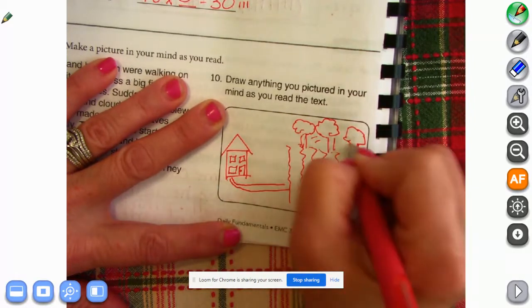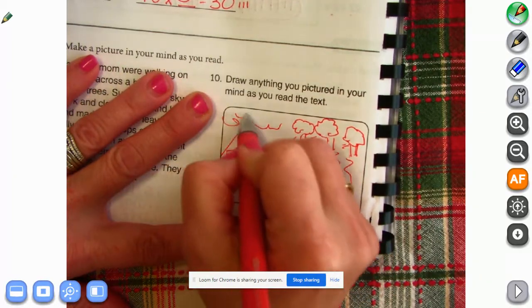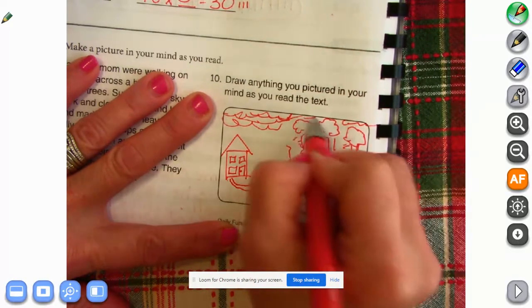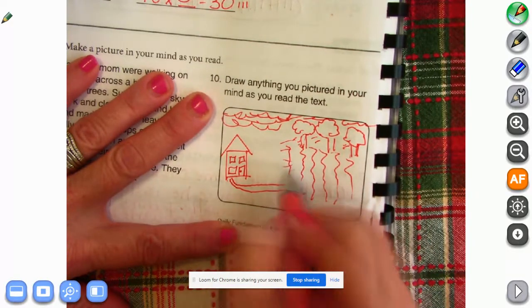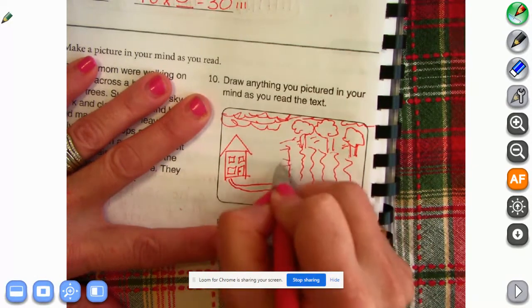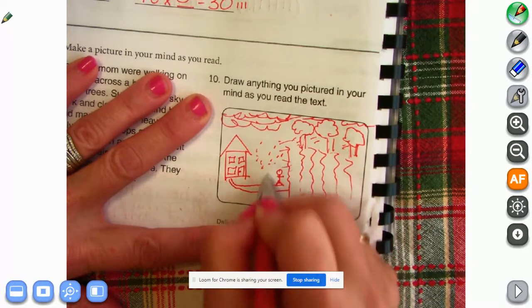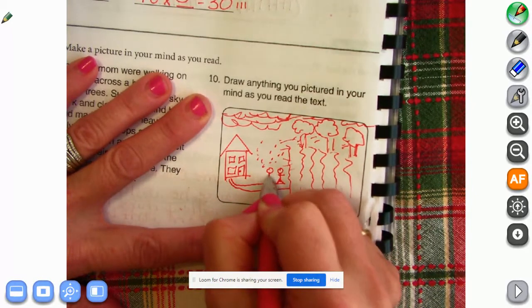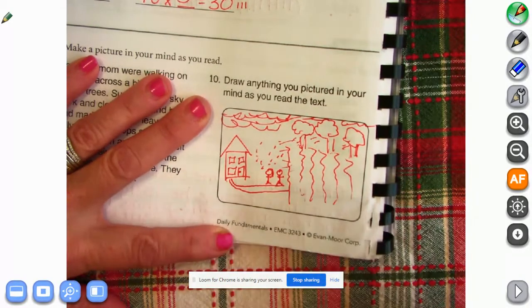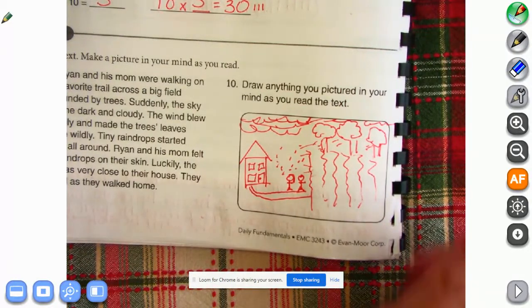And the leaves are blowing. And the sky is dark. So it's blowing everything. And so the people are walking. The raindrops. Walking back home. Okay? You might have something similar. You might have something completely different.